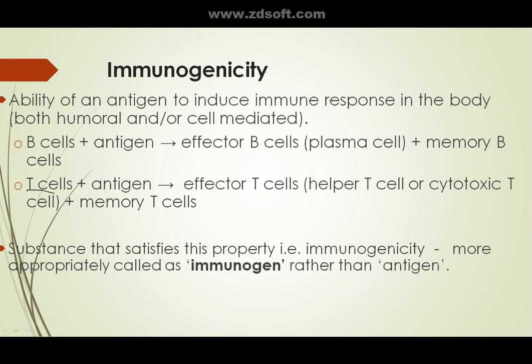When the B cells and the T cells produced from our body react with an antigen, the B cell will produce an effector B cell or plasma cell and the memory cells, whereas our T cells will produce the effector T cells and the memory cells.